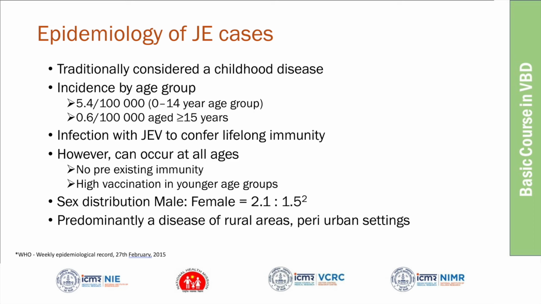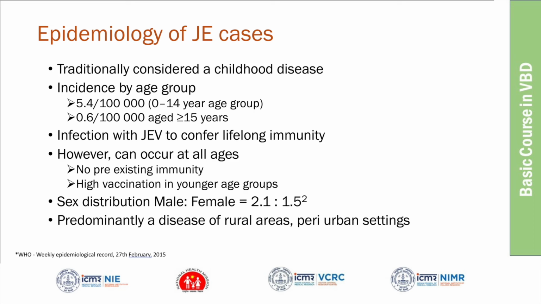So mostly children are affected because of JE. Once you are infected with Japanese encephalitis virus, it confers lifelong immunity. That's one of the reasons in endemic areas that adults don't get the disease, whereas children who are naive and susceptible get the disease.